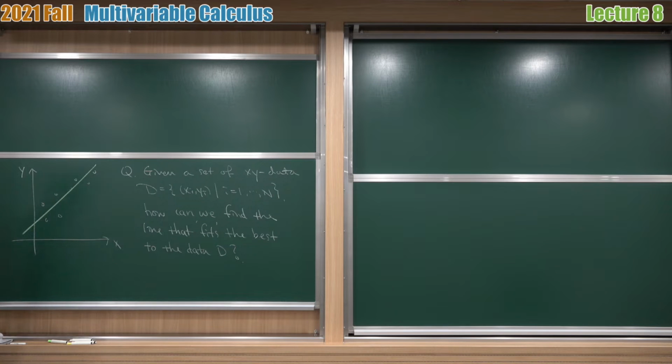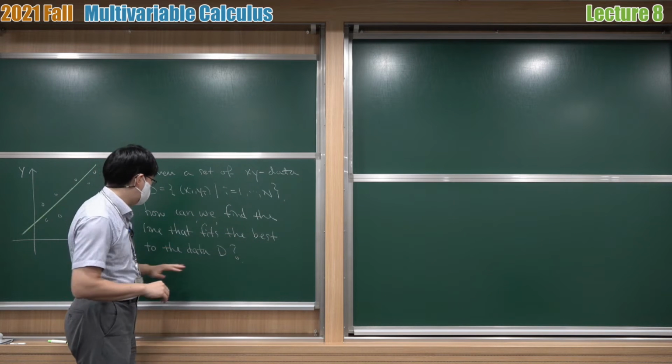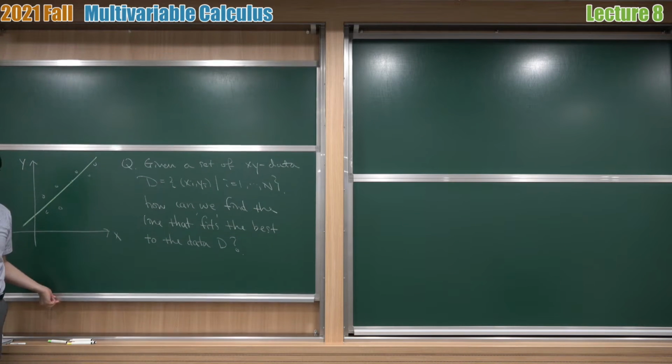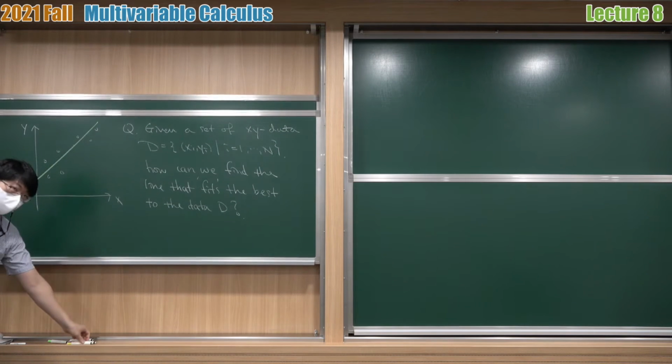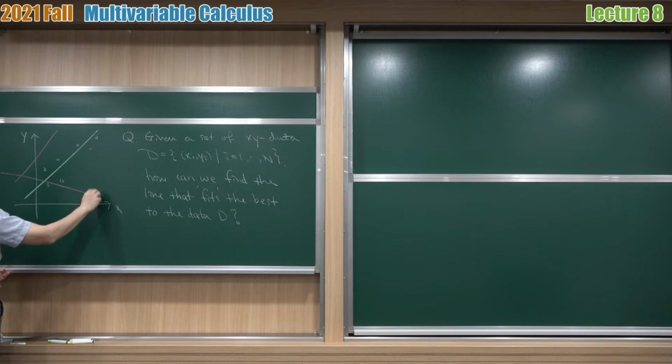So let me first ask a question. How would you define a line that fits the best to the data in this case? For example, you might have lots of lines, any line, and you can say that this line fits the data or that line fits the data.